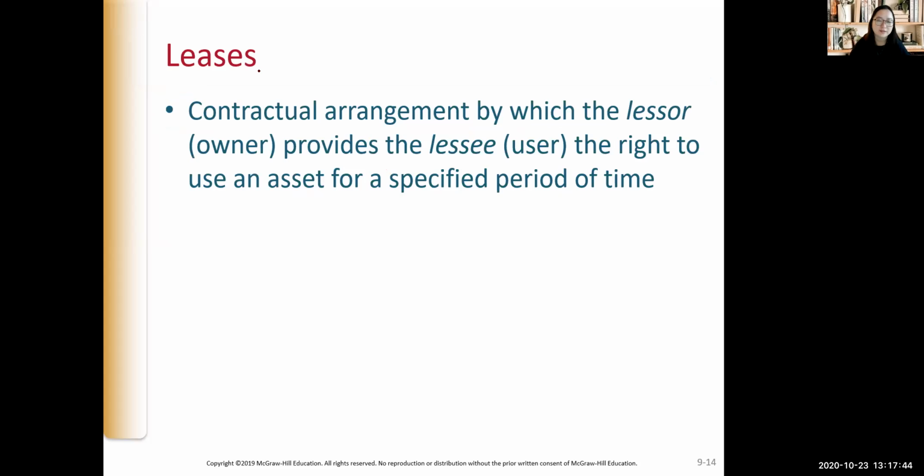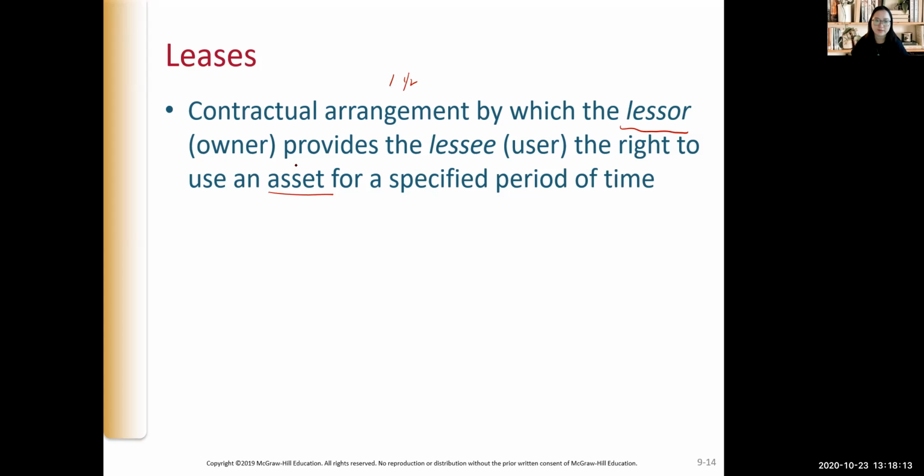Okay, lease. A lease is a contractual arrangement by which the lessor, the owner, provides the lessee, the user, the right to use an asset for a specific period of time, such as rent, right? We rent an apartment, so we sign a 1-year lease, and the lessor is the landlord, the lessee is me. And he gives me the right to live in the property for 1 year.